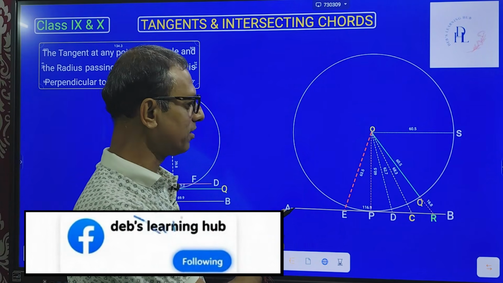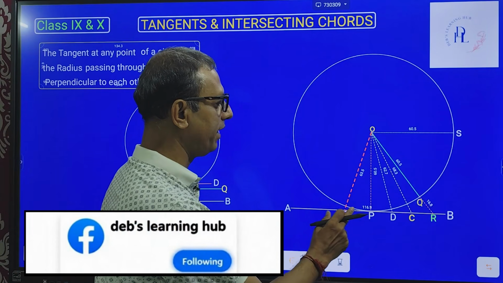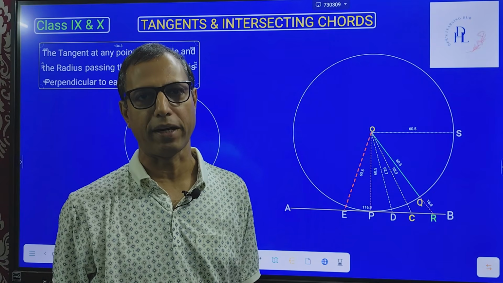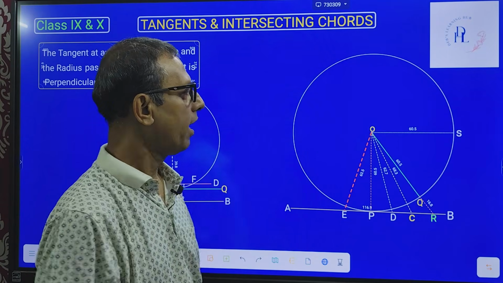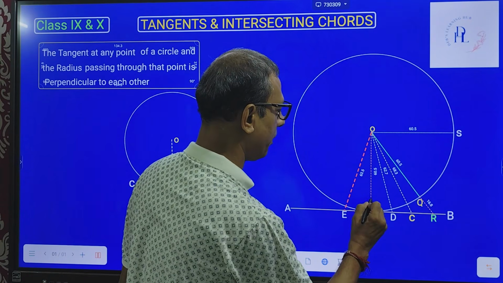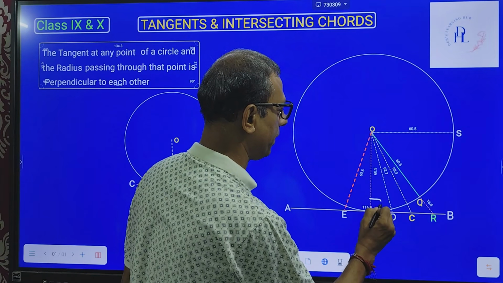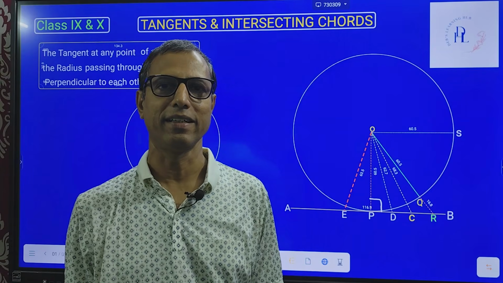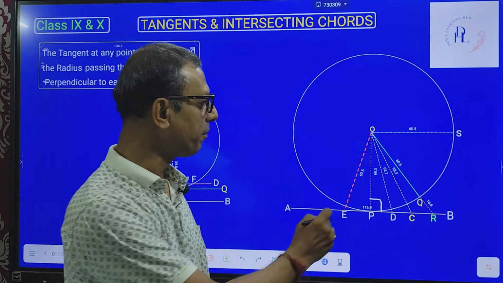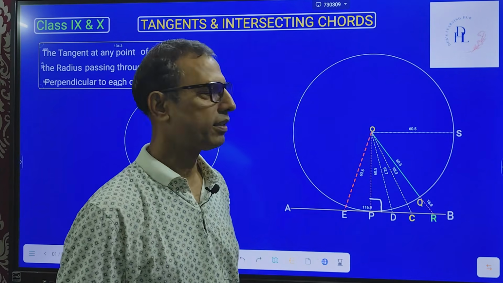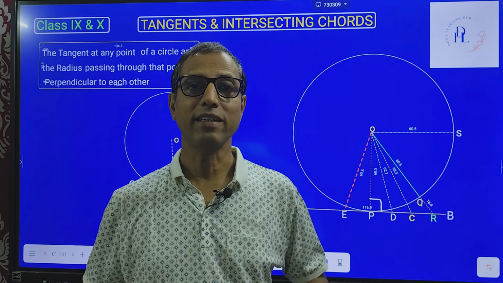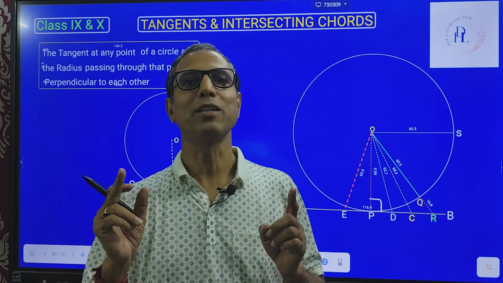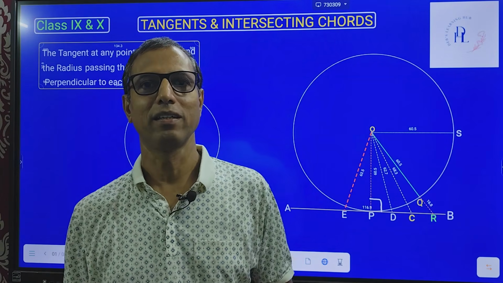My question is, why has this line AB touched the circle only at one point, that is point P, and why is the angle between this radius OP and this tangent AB 90 degrees? Is it just a geometry rule that you need to remember, or is there a real reason behind it? That is what we are going to discover today.